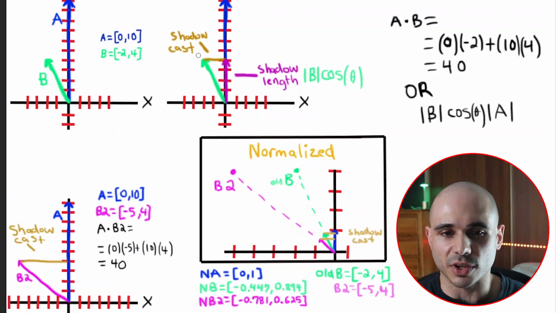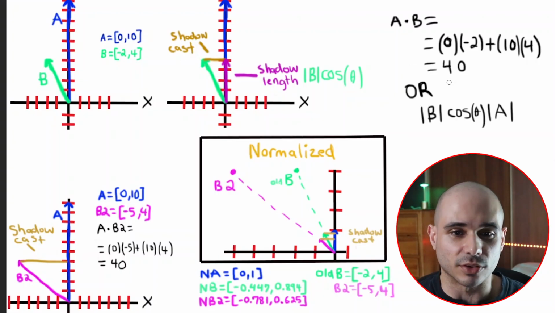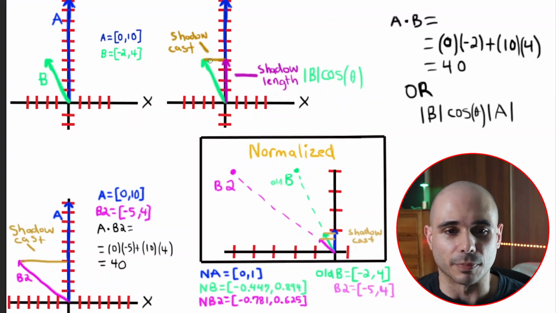So what I want to show here is that there's another way of getting the dot product, and that's actually finding the shadow that B casts onto A. Because essentially what we're trying to find is by how much B is pointing in the direction of A. So when we have that shadow cast, we can see the shadow length.